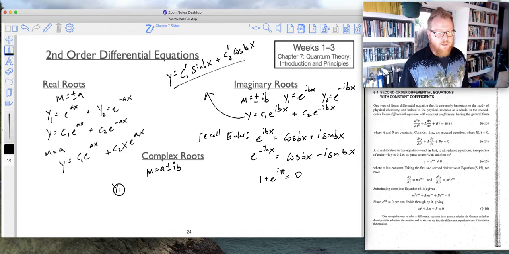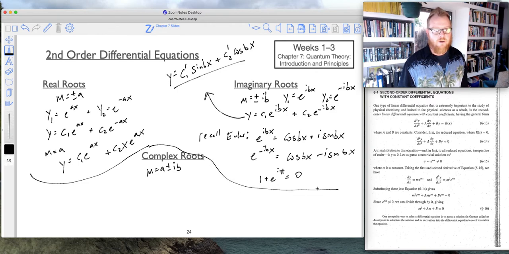Then we would have y1 equals e to the a plus ib times x, and y2 would be e to the a minus ib times x.